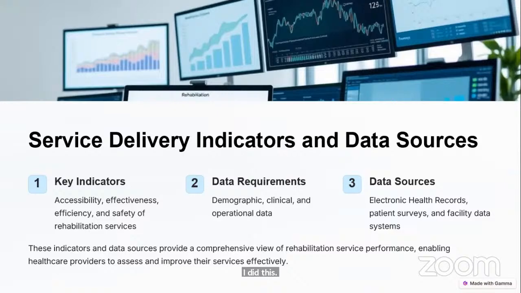Now, another one is the operational data, right? Where we generally look at our staff information regarding our staffing, availability of the necessary or needed resources, and details of the facilities, which are all expected to be captured in our operational data.